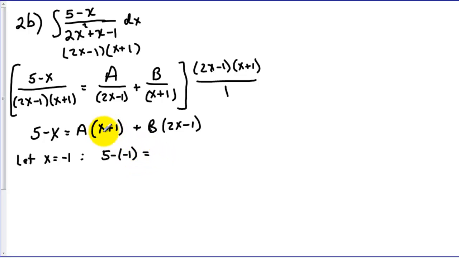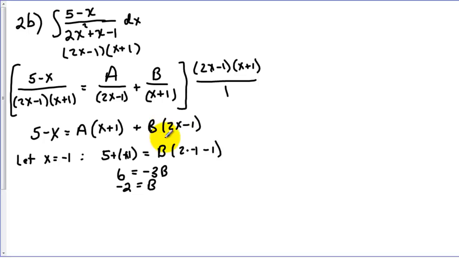Now that's going to be -1 plus 1 is 0. 0 times a is 0, so I'm not going to show that. So this is -3, so we've got, this is plus, so we've got 6 equals -3b, or b equals -2.